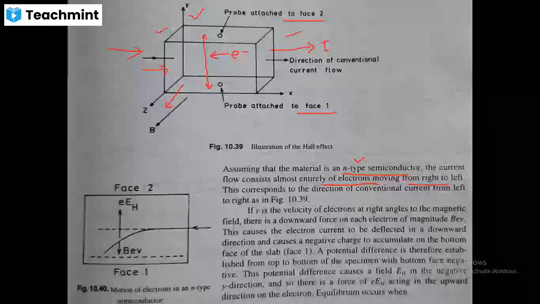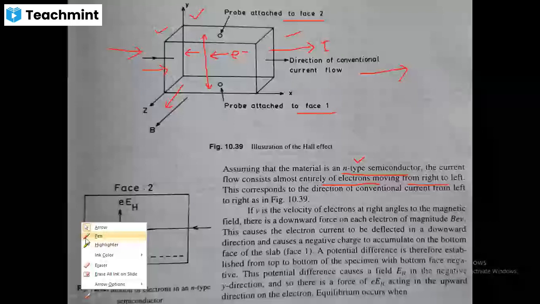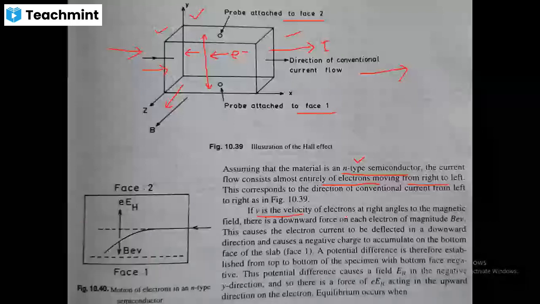Here we are saying the current is moving in this direction, and the electrons are moving from right to left, opposite to that of the current, as shown in the figure.